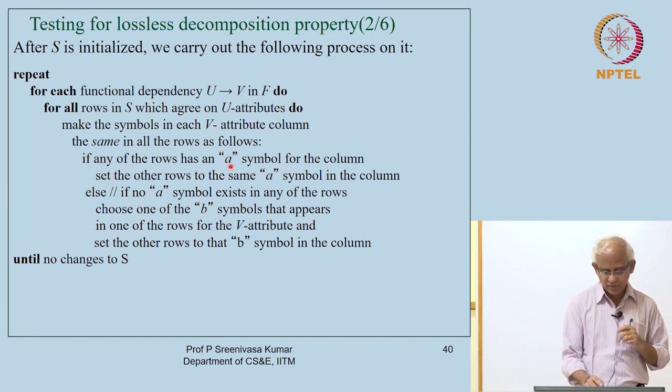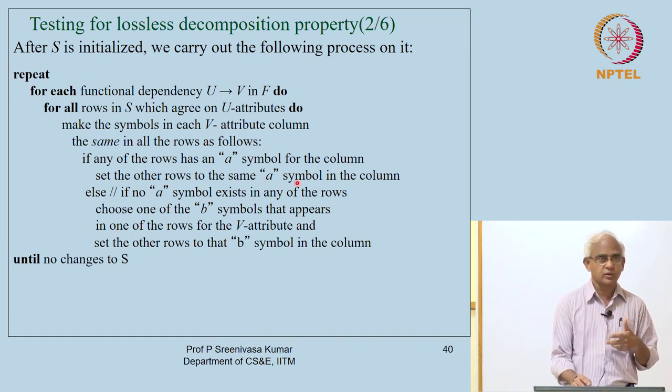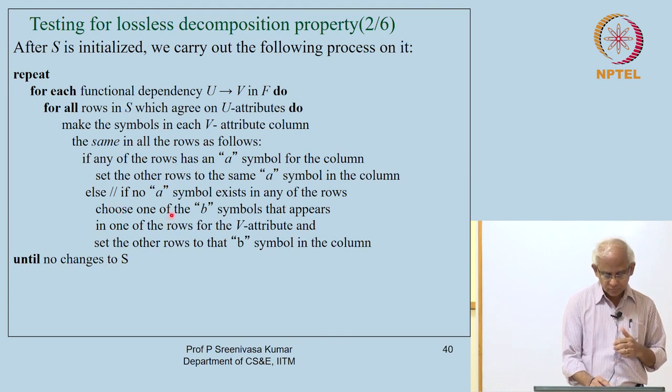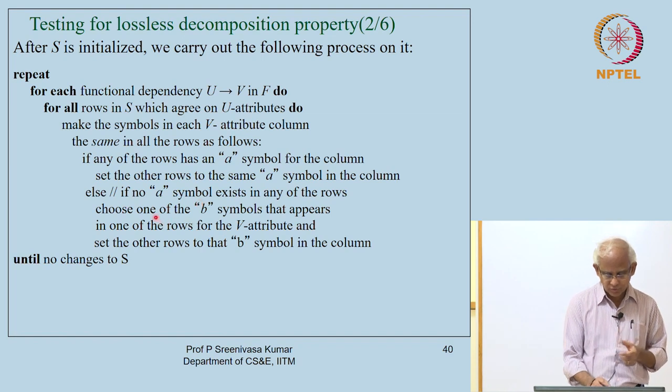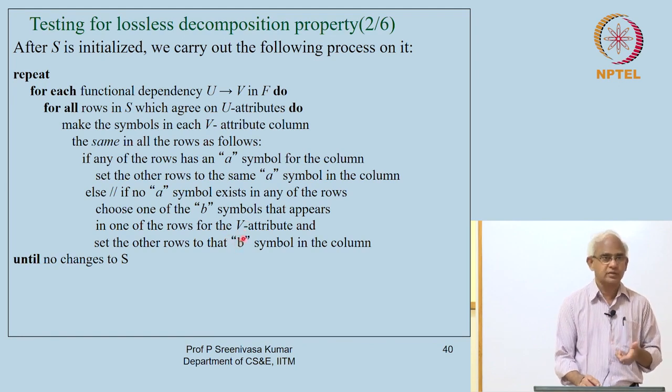So if any of the rows has an A symbol for that column, set the other rows also to the same A symbol. Otherwise, that means that column of that V attribute does not have any A symbol at all. It has only some Bij's. Then choose some B symbol arbitrarily, and make everybody else equal to that B symbol.